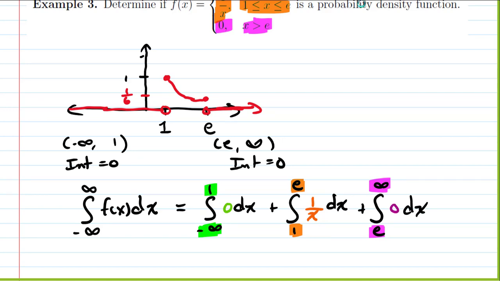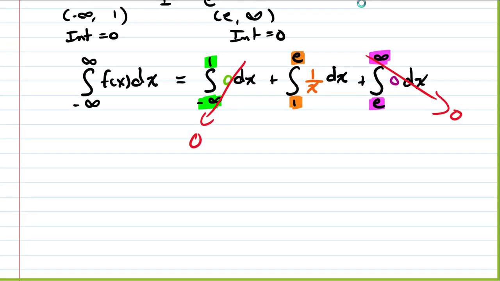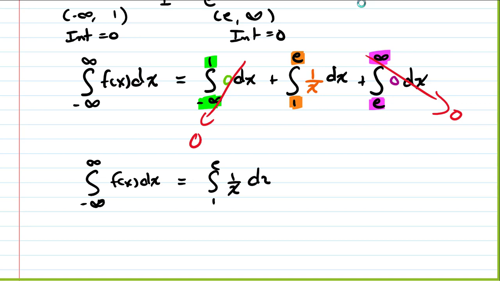So as we surmised from the picture, if my integrand is 0, the value of this integral is 0. The value of that integral is 0. So then our integral from negative infinity to infinity of f of x dx is really just the integral from 1 to e of 1 over x dx.